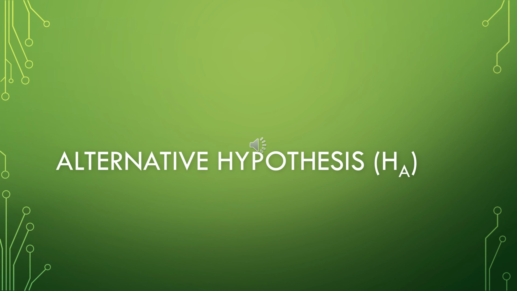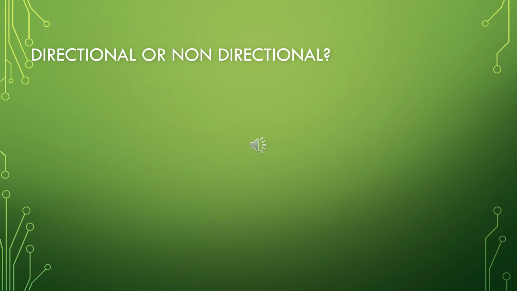A statistical hypothesis, written in terms of parameters, that postulates the existence of a treatment effect or a relation among variables is called the alternative hypothesis. The alternative hypothesis, H sub A, corresponds to the research hypothesis and is an alternative to the null hypothesis. So you figure this out.